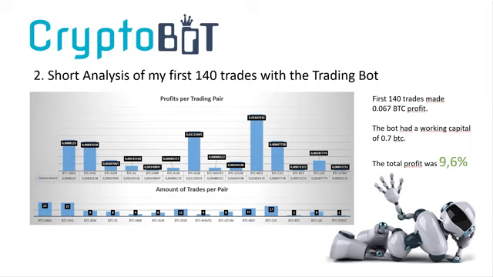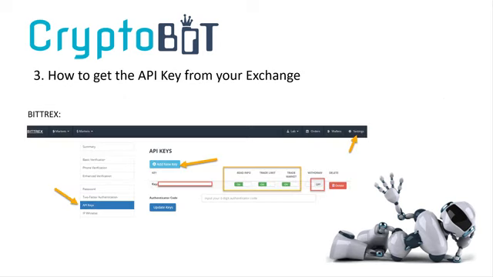The Gunbot itself communicates with the exchange over the so-called API key, and therefore when you buy a license, you have to send them your public API key, and then they set up your license on their server, and then the Gunbot will work with your API key and will directly communicate with the exchange. So I will show you in the next sheet how to get the API key on Bittrex.